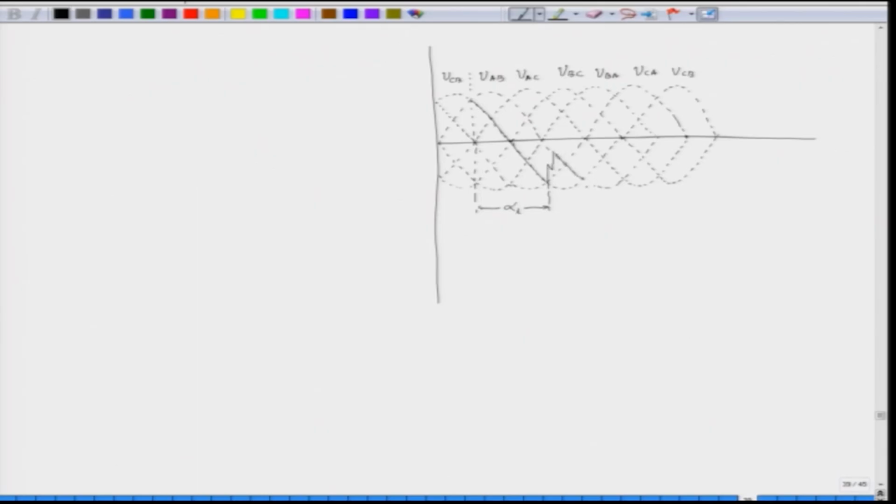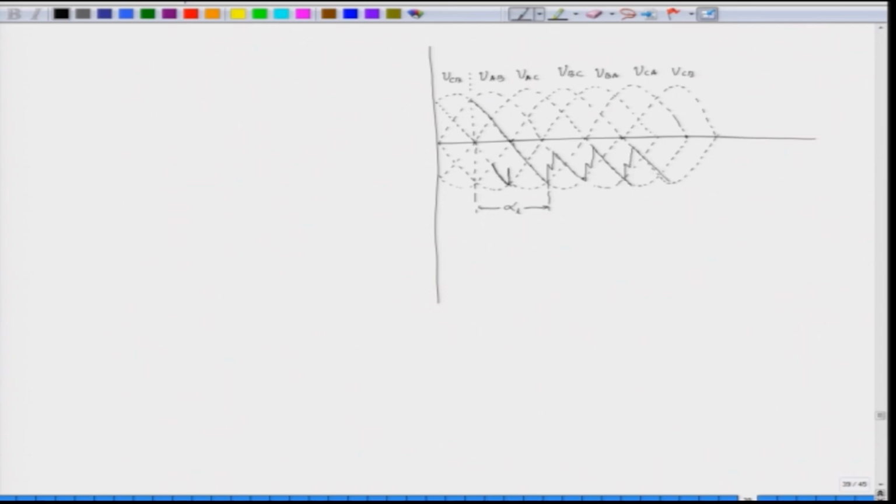Similarly, at this instant we trigger the other SCR and we have a commutation overlap. Similarly, at this instant we apply the triggering pulse. So, we have a commutation overlap and the output looks like this.